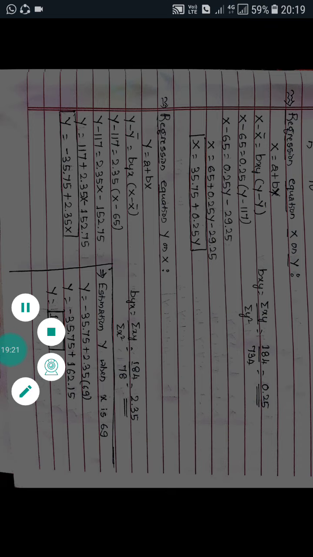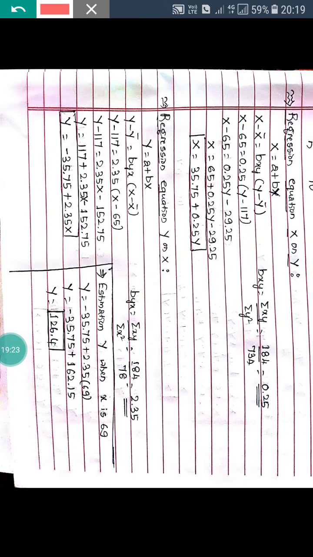Next y put same, minus 117 goes that side, that is converted to plus. After that plus 2.35x put same, minus 152.75.